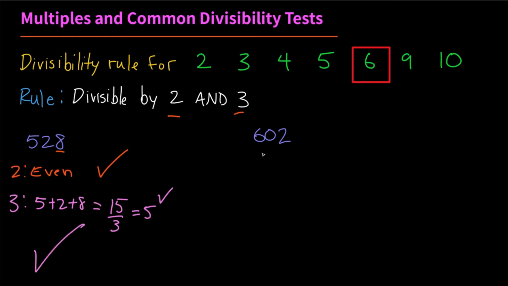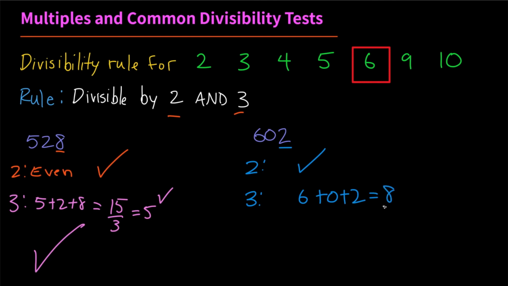Let's check our next number, 602. First, we're going to check to see if it is divisible by 2. Since it ends in an even number, it is divisible by 2. Now we're going to check if it's divisible by 3. We're going to add the digits together. We get 6 plus 0 plus 2 is 8.